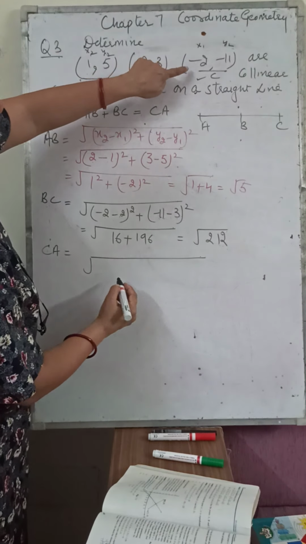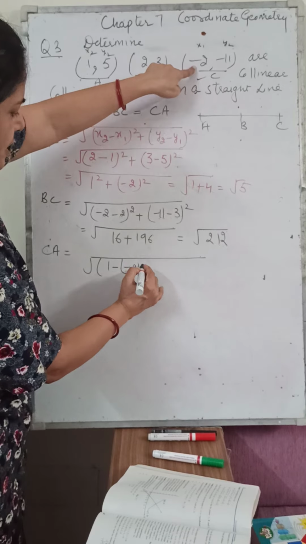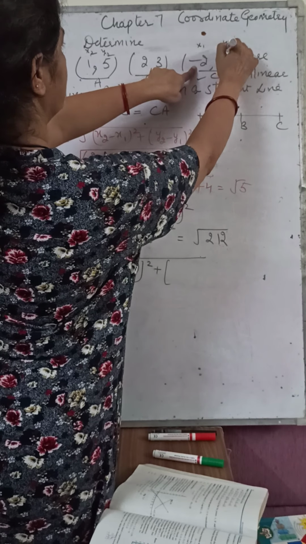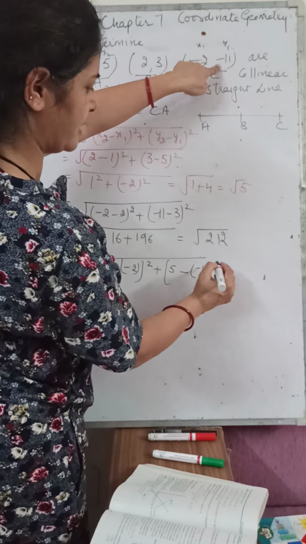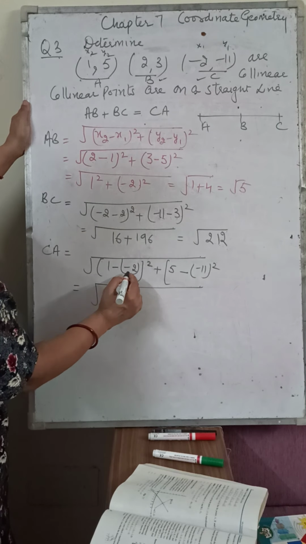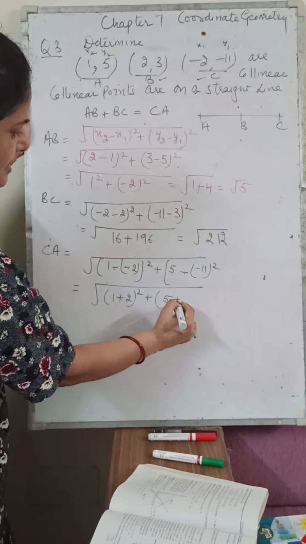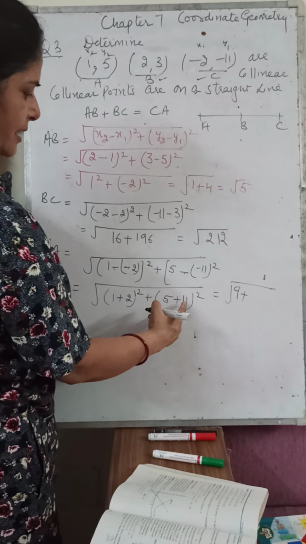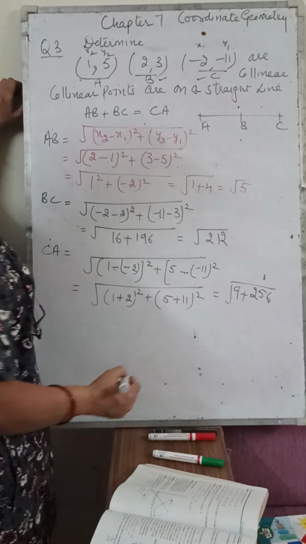It will be root x2 1 minus x1, so minus x1 is minus 2 whole square plus y2 5 minus y1 is minus 11 whole square. It comes out to be 1 plus 2 whole square plus 5 plus 11 whole square. It comes out to be 3 square 9 and 11 plus 5, 16. 16 square is 256.